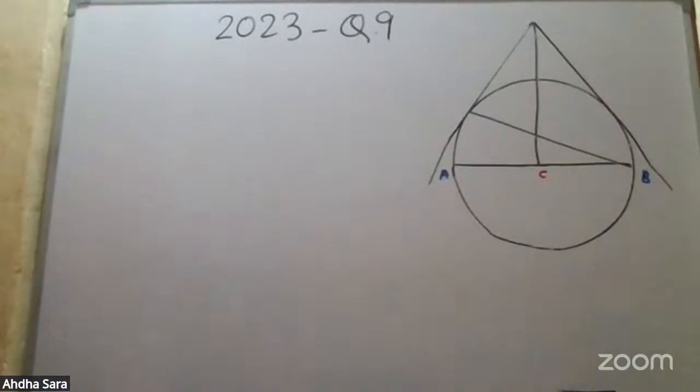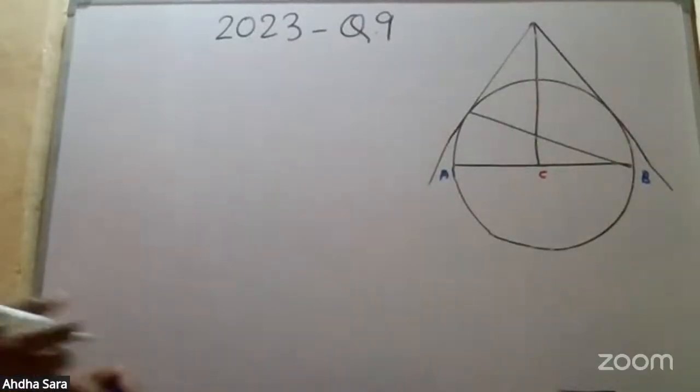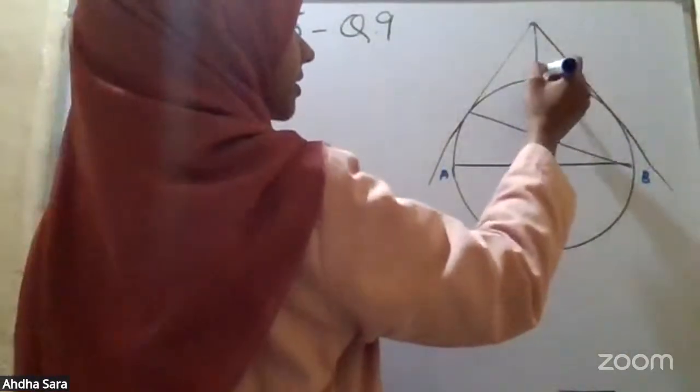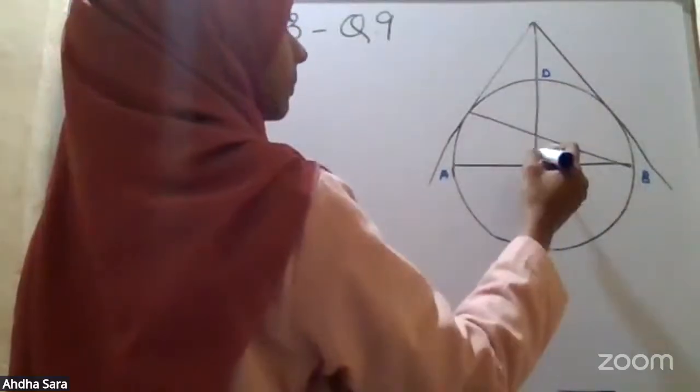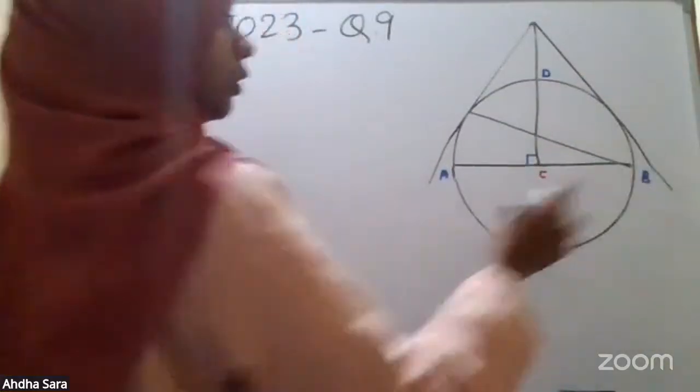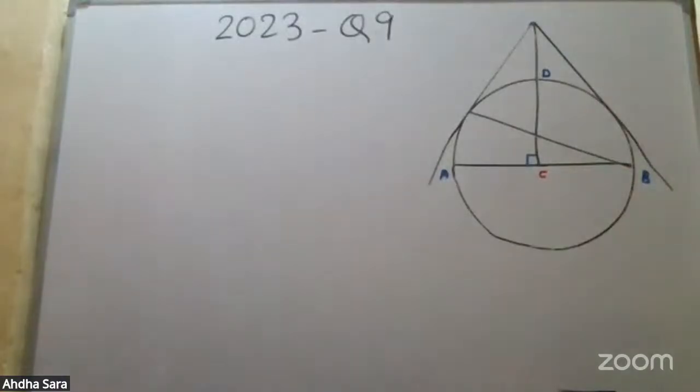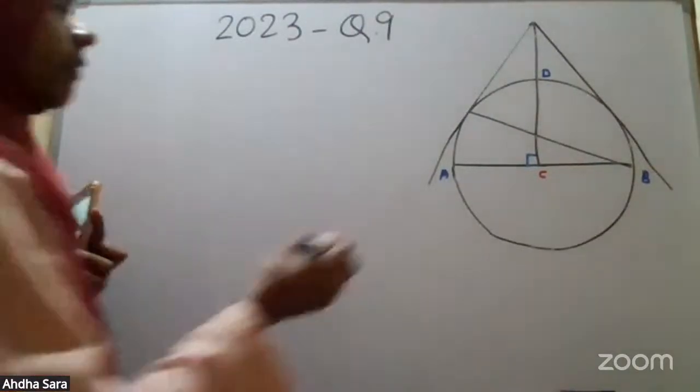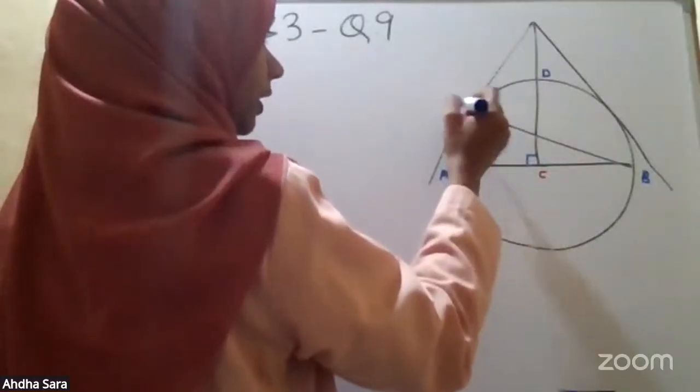The radius CD is perpendicular to the diameter AB, and it intersects PB at R. We have the point P here.